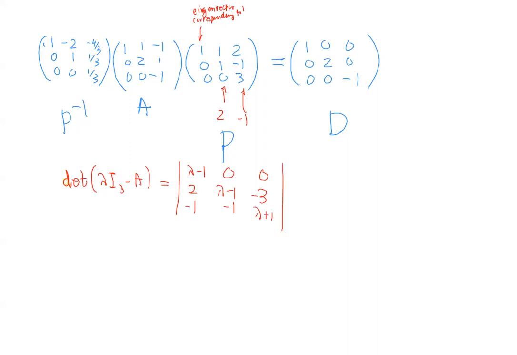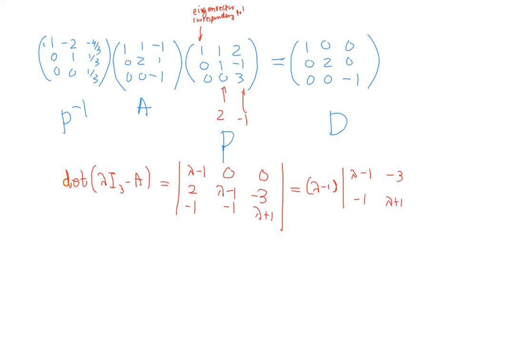So now this is something that is pretty straightforward to compute because you expand with respect to the first row. You expand the determinant with respect to the first row. And this is what you get.